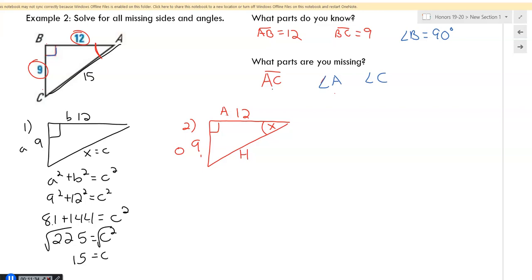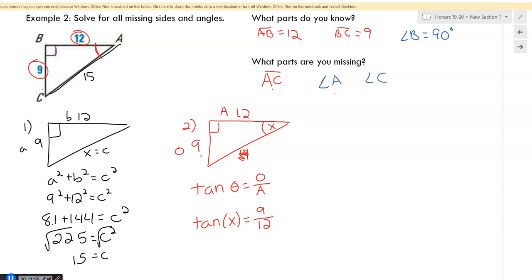The hypotenuse is not important. I'm using the opposite side and the adjacent side. So that's going to be tangent. Tangent of theta equals O over A. And in this case, the tangent of x equals 9 over 12.